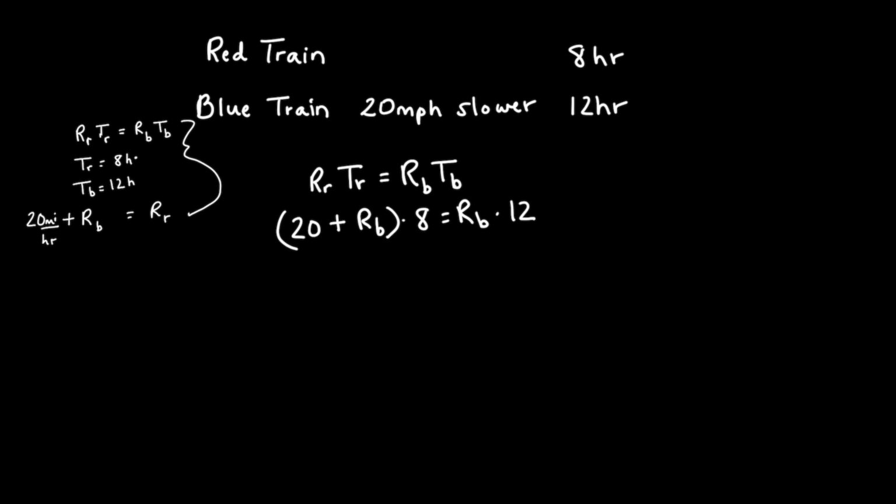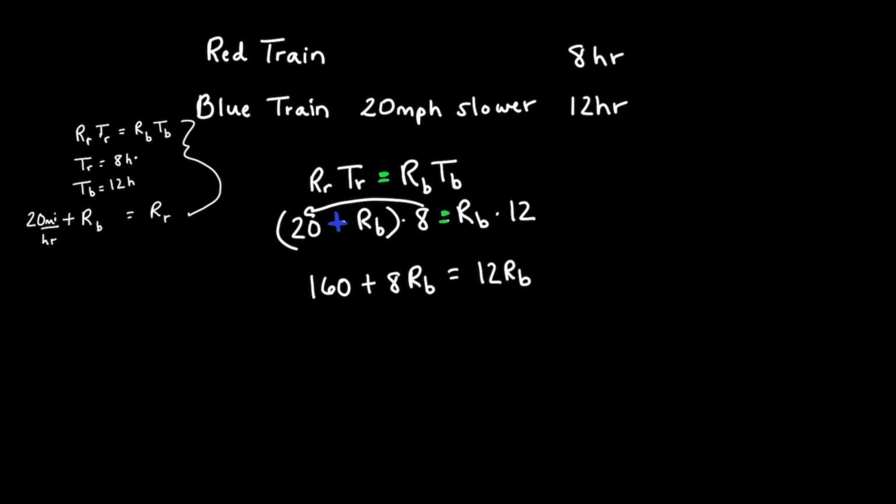And then we have our blue train time times RB. When we distribute that 8 times the 20, we get 160. Then we distribute it to the blue train rate, so we'll have 8 RB equals 12 RB.